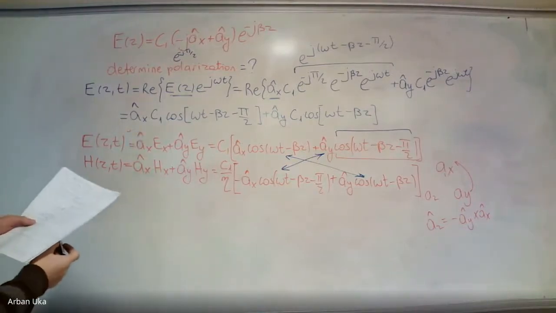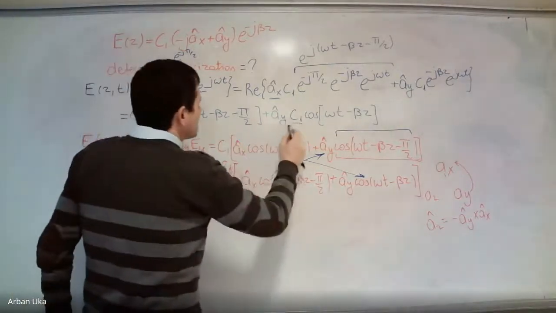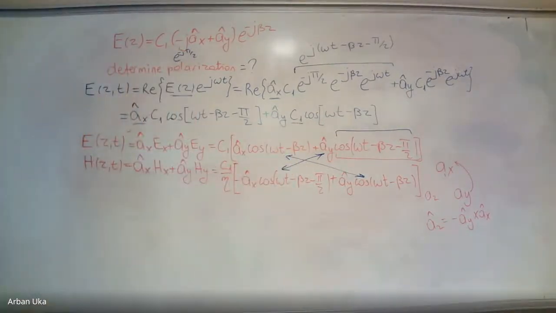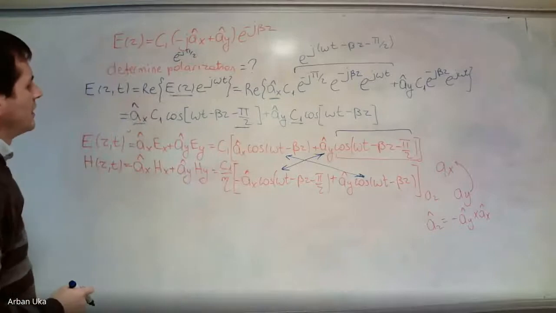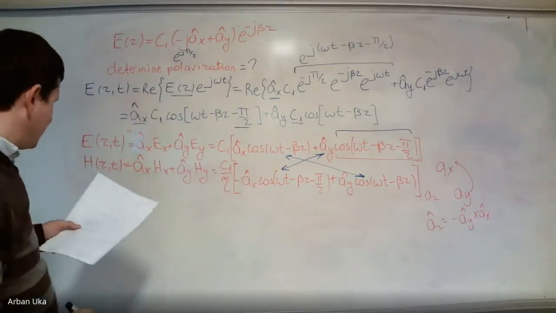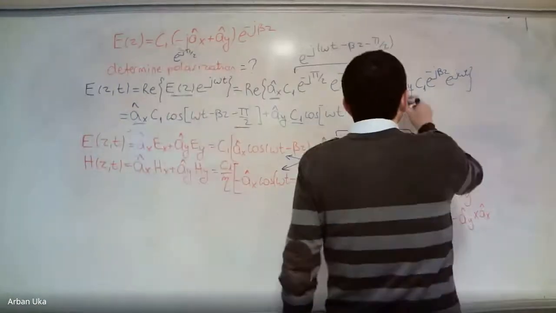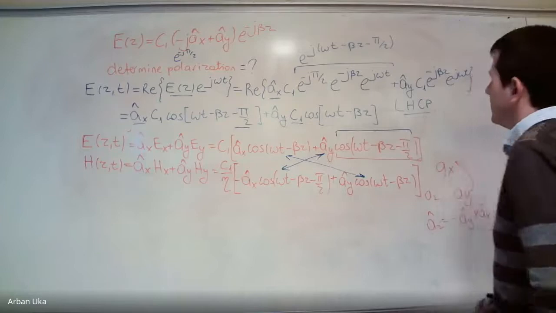We observe two waves which are along the x and y. The amplitudes are the same, and for EX it has minus pi over 2. So this minus pi over 2 makes this left hand circularly polarized.